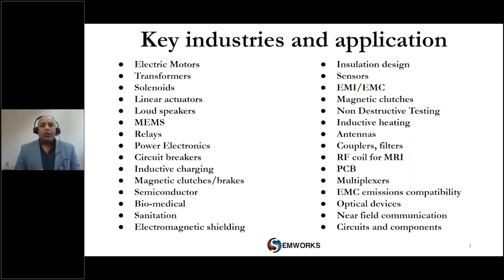For example, if you try to analyze a motor or a solenoid, a loudspeaker or an actuator or a switch relay or any kind of inductive charging, or wireless transfer and so on, when you do the actual testing and prototyping, you don't see the charging being transferred from one coil to another.